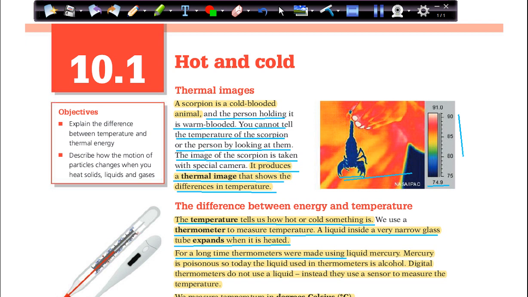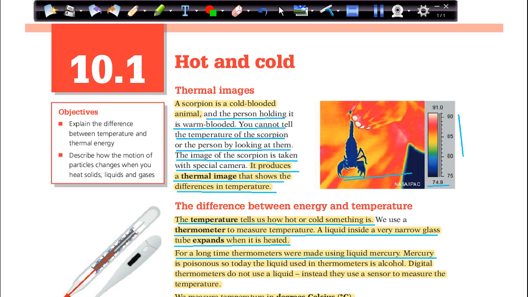For a long time, thermometers were made using liquid mercury, the silver material that we can find in thermometers. But we all know that mercury is poisonous. So instead they use another liquid, alcohol, because alcohol can expand when exposed to heat.